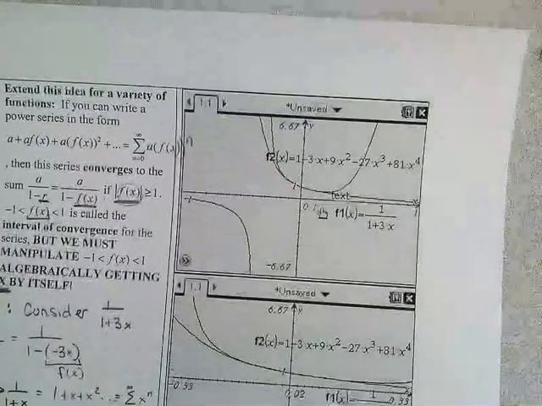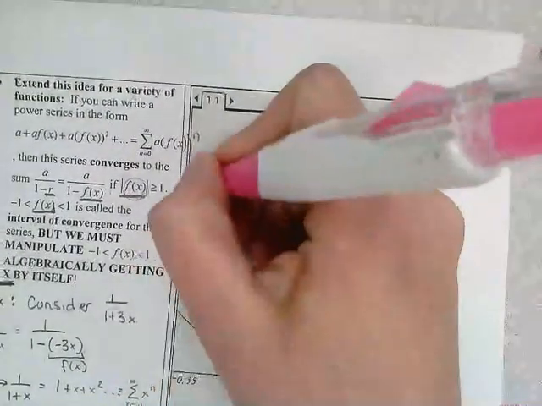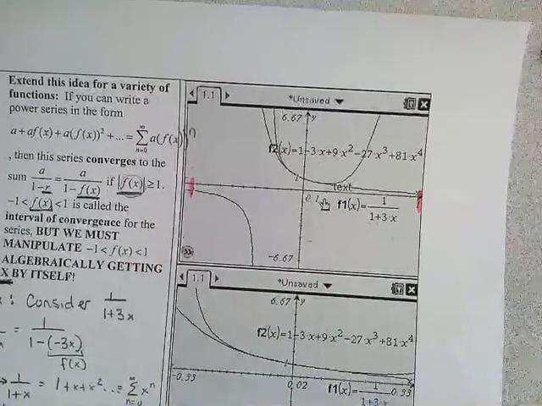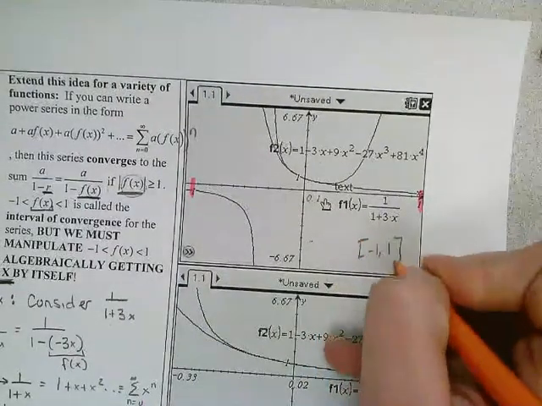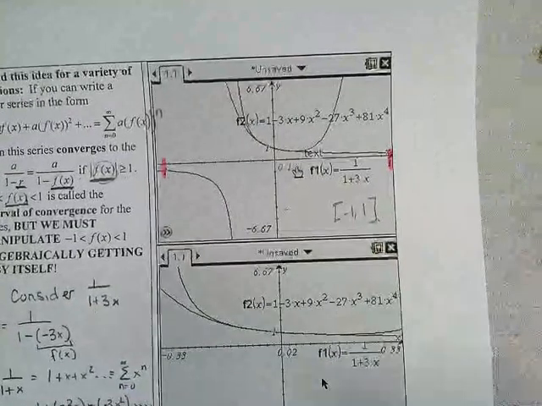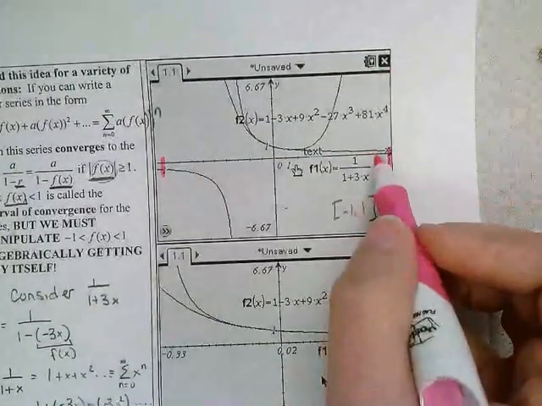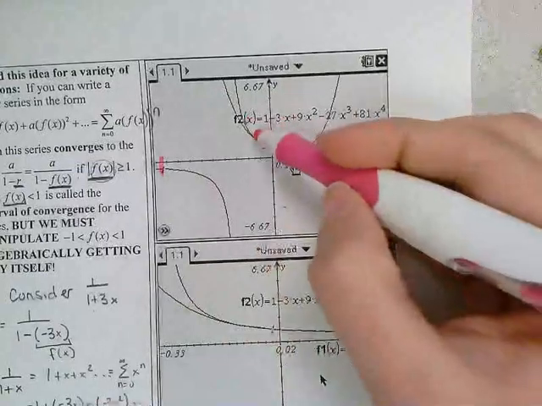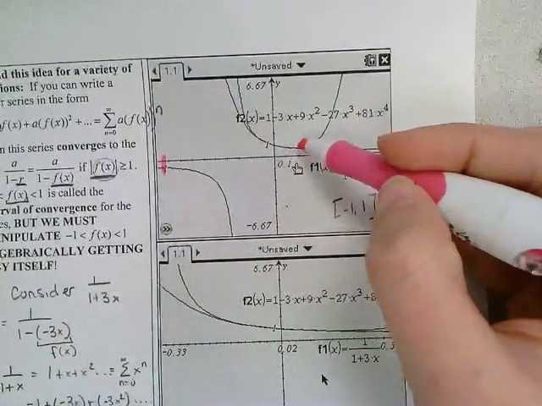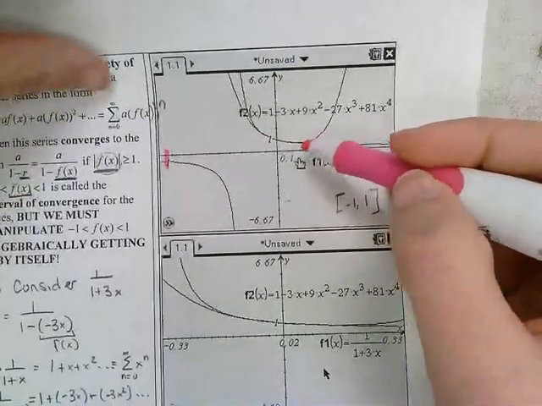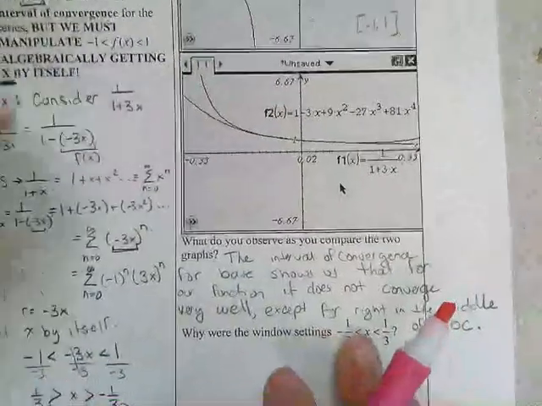Because let's look at this. If we look at -1 to 1, looking at the interval -1 to 1, you can see that it does converge. We did figure out our interval of convergence to be -1/3 to 1/3.